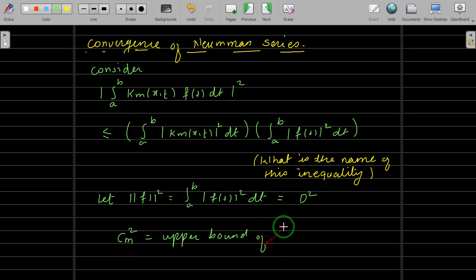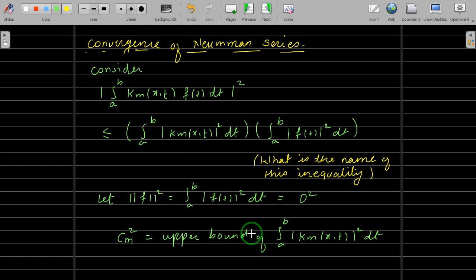of the integral from a to b of mod of km(x comma t) the whole square dt. This is finite, we know, and we have taken this as d square. And for this you check, I told you to check, if the kernel belongs to the L2 class, then what are the conditions. So you take cm square as the upper bound of this integral.